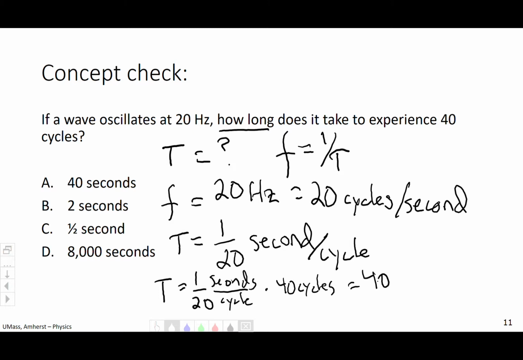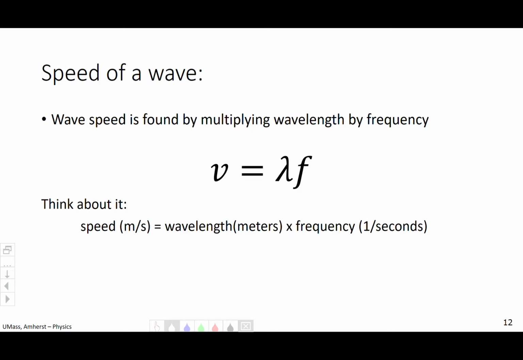We get 40 over 20, which is 2 seconds. That's B. Okay, so if we have 20 cycles per second, that means it takes 2 seconds to experience 40 cycles.